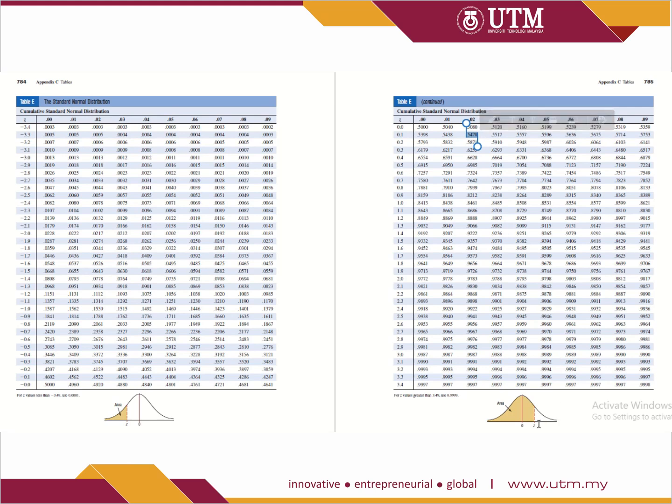So you can get the value, which is 0.5478. It should be more than 0.5 because half of this is 0.5. Since 0.12 is to the right of 0, the total area should be more than 0.5. That's why you get 0.5478.